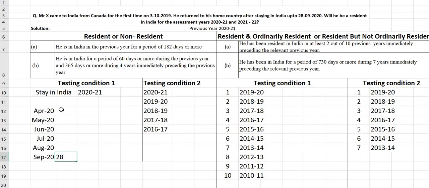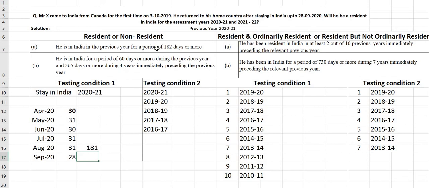In April there are 30 days, in May 31, June 30, July 31 and August 31. Let's see the total number of days. He was in India for 30 days plus 31 plus 30 plus 31 plus 31, and so, in the previous year 2020-21, he was in India for 181 days.